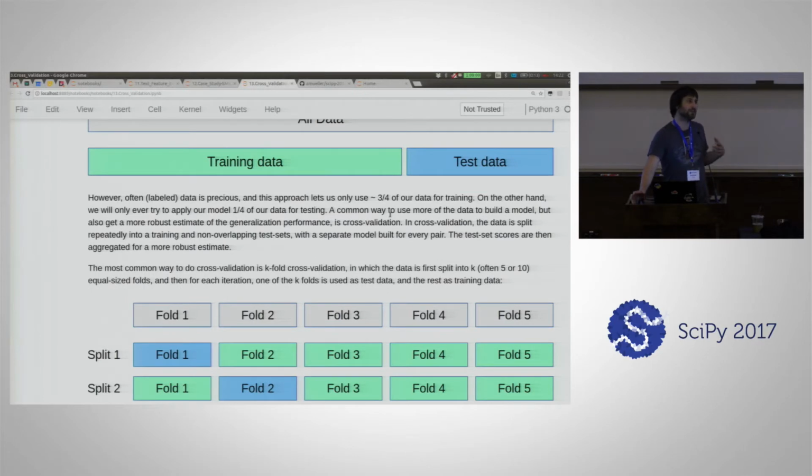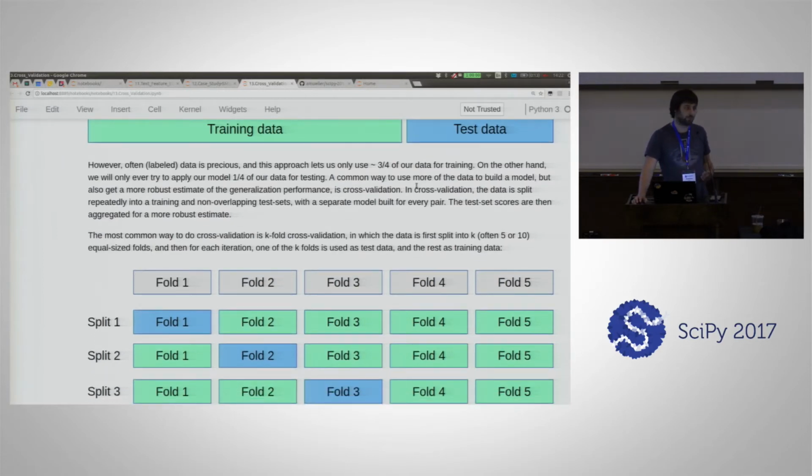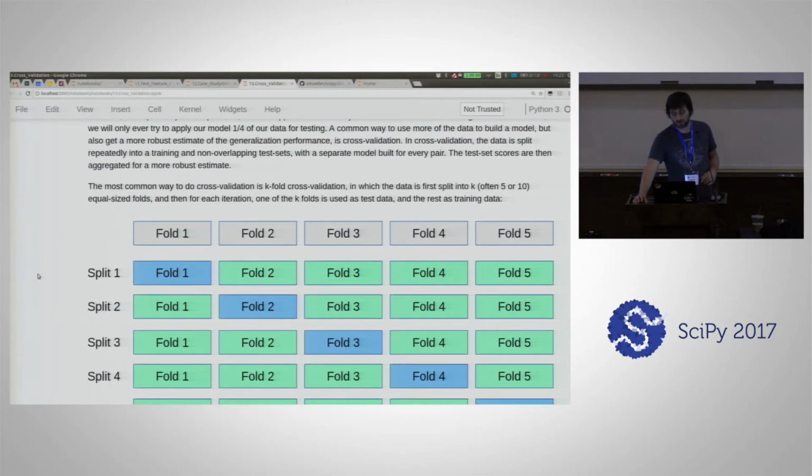So the standard technique to combat this and get a more robust estimate of how well a model does is called k-fold cross-validation. The idea is that we split our data into so-called folds. Let's say we use 5 equally sized parts. Instead of doing training and test, we use these 5 parts, and we build 5 different models.